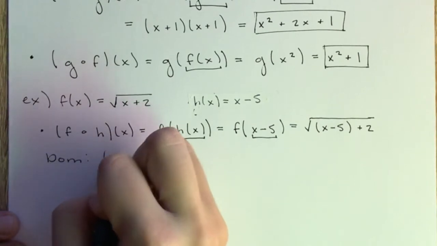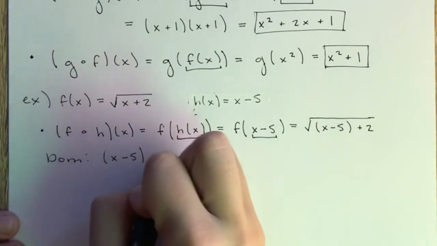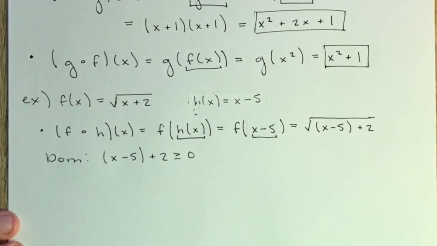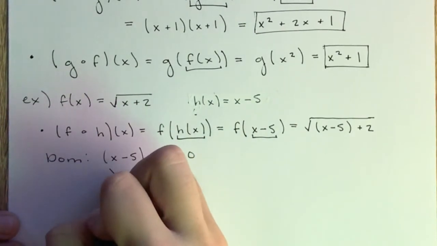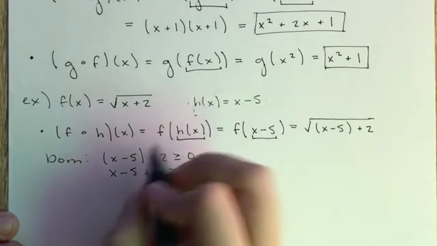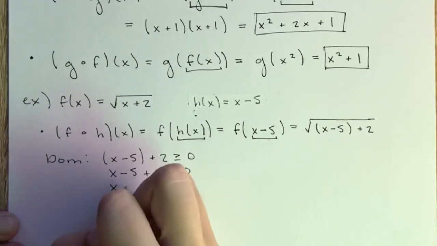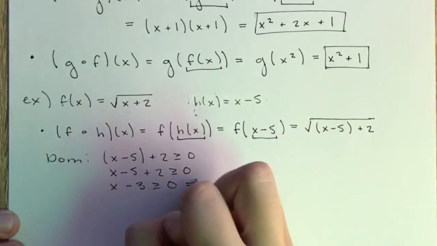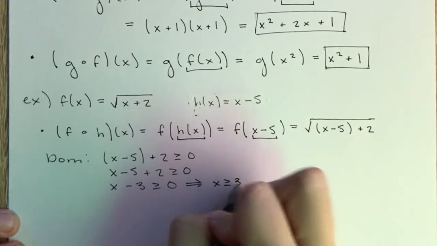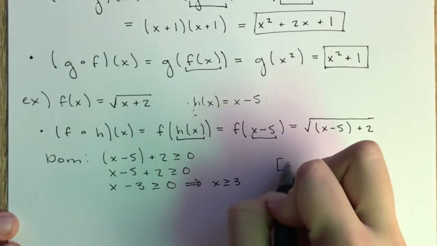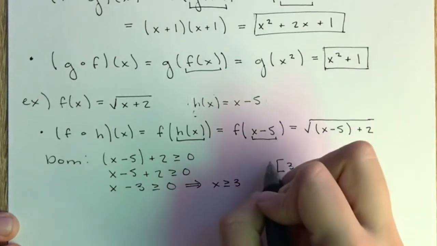So here we have (x - 5) + 2 is greater than or equal to 0. We can take the parentheses away. We have x - 5 + 2 greater than or equal to 0. We can combine like terms. So we get x - 3 is greater than or equal to 0, which tells us that x needs to be greater than or equal to 3. So our domain is 3 to infinity.